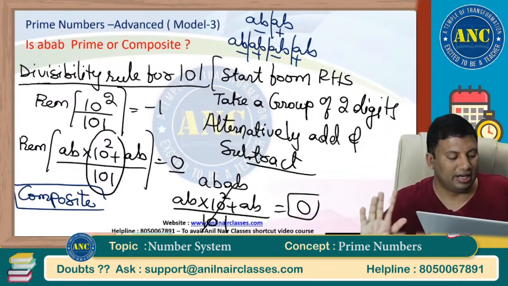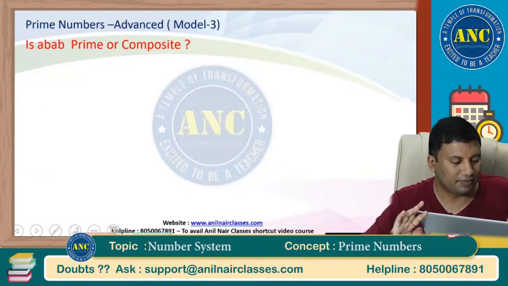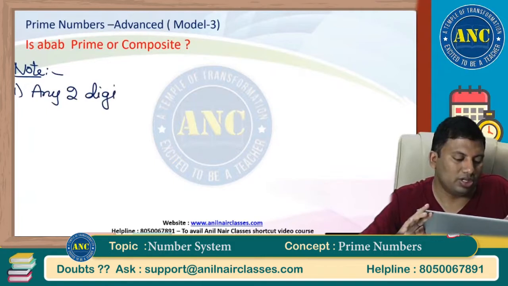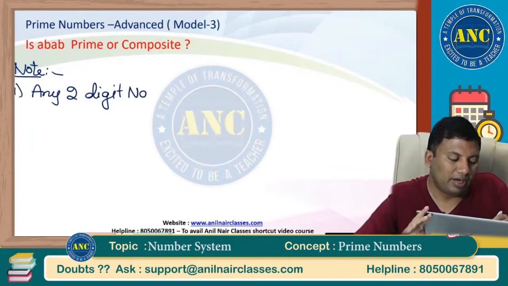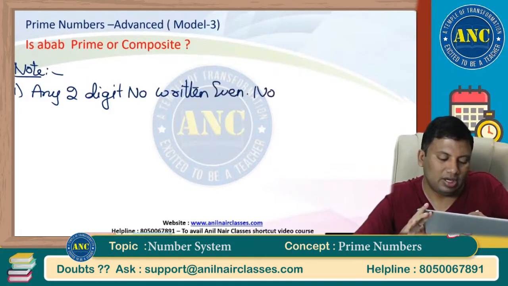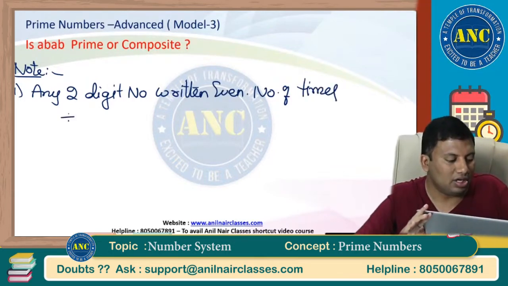I hope the idea is clear. We will write that point. Note 2 important key points. Any 2-digit number written an even number of times is always divisible by 101.